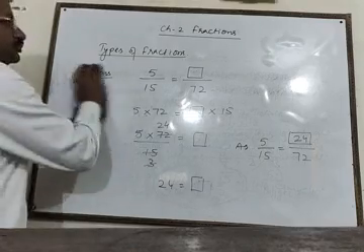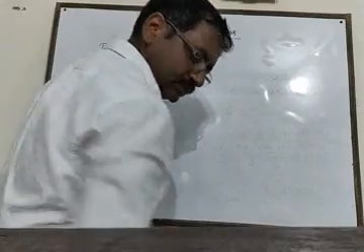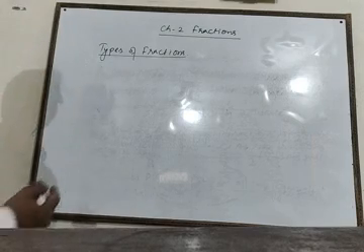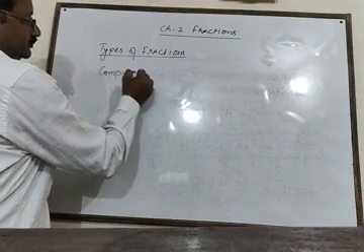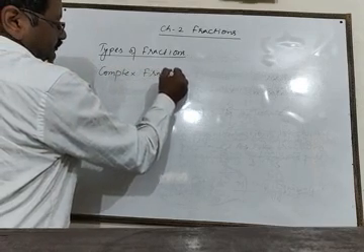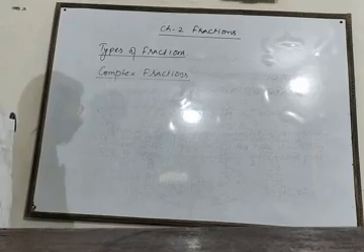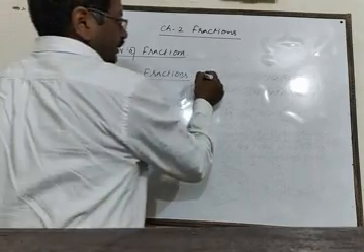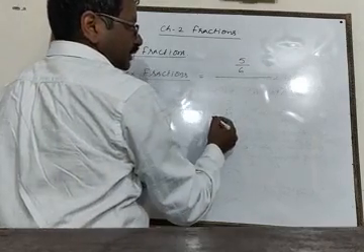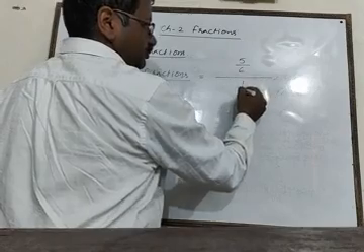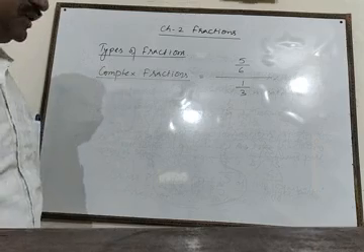So the next type of fraction is complex fractions. When in the numerator there is a fraction and in the denominator there is also a fraction, then we will say that this is a complex fraction.